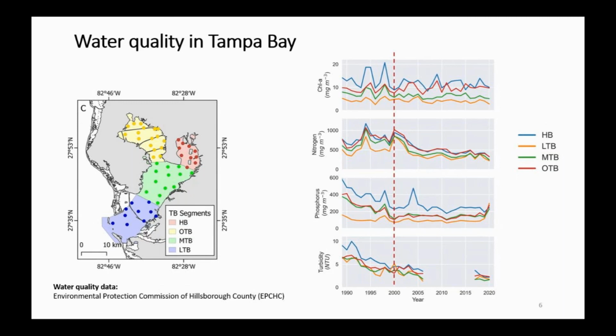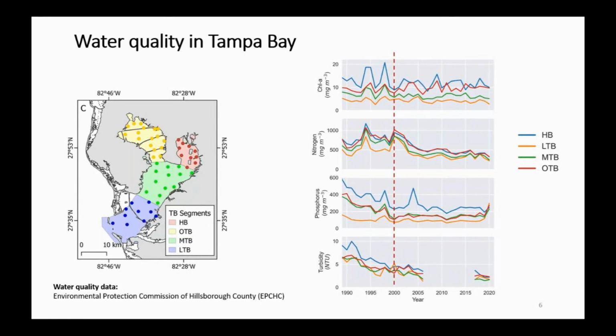One is the gradient of water quality in Tampa Bay, where Old Tampa Bay and Hillsborough Bay, which are the blue and red lines here, present the lowest water quality conditions in comparison to Middle Tampa Bay and Lower Tampa Bay, as we initially expected. The second pattern we observe is the improvement in water quality over time.